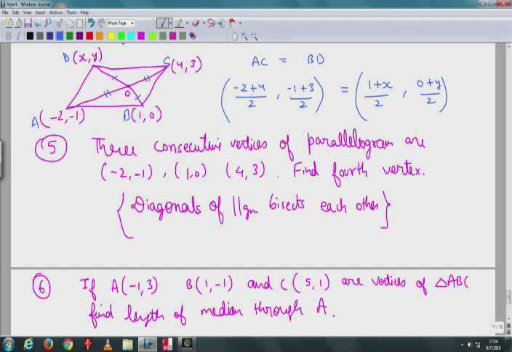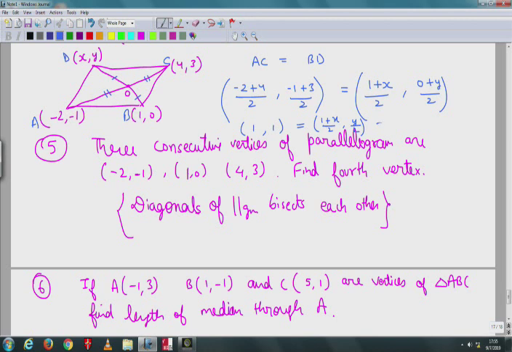Now you can simplify this one. 4 minus 2 is 2, 2 upon 2 is 1, 3 minus 1 is 2, 2 upon 2 is 1, and that is equal to 1 plus x over 2 and y by 2. So we have to equate the x coordinates and the y coordinates.